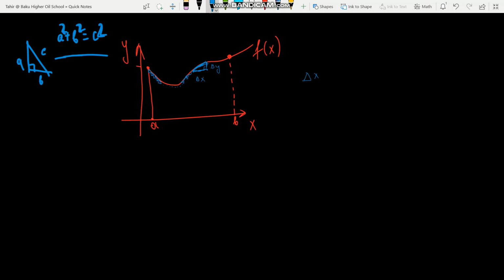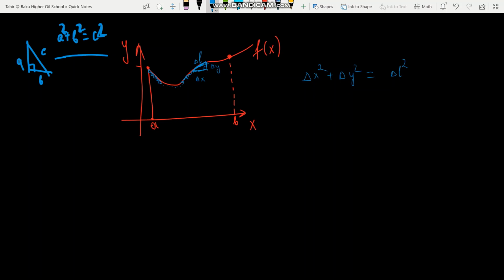In order to find this part, we should sum the squares of delta x and delta y, and this will give us the square of the very small part of the length because of the Pythagorean theorem.